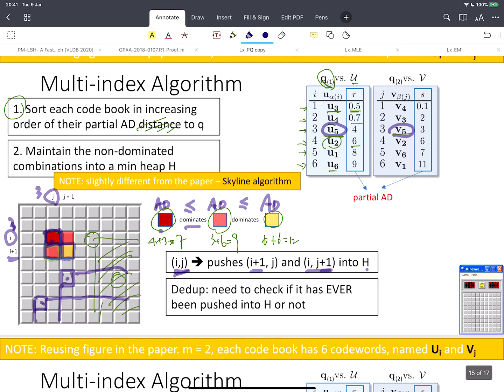Okay, just like this one. So you push this red cell into the heap with the key equal to 7, and the min heap will allow you to extract the entry with the minimal key value efficiently, with log t operation cost, where t is the size of the heap. Okay.